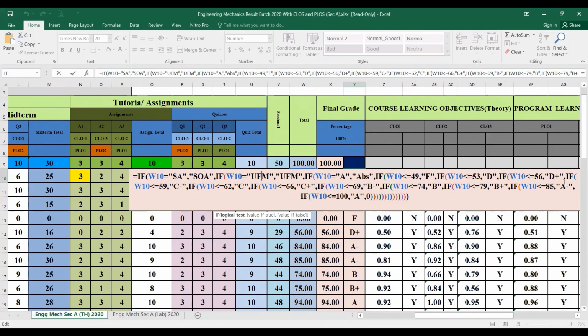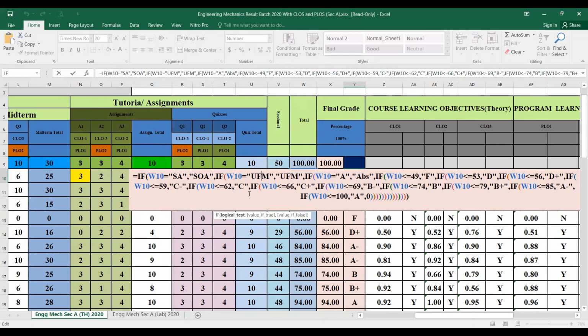Whatever the grading criteria in your university, you have to put it according to this formula. If W10 is less than or equal to 59, whatever percentage the student attained, the grade will be C negative.